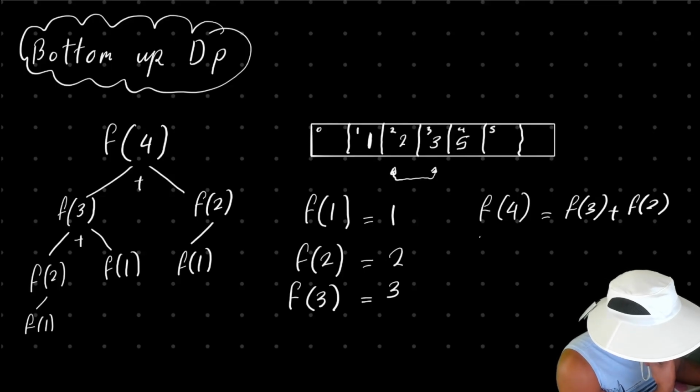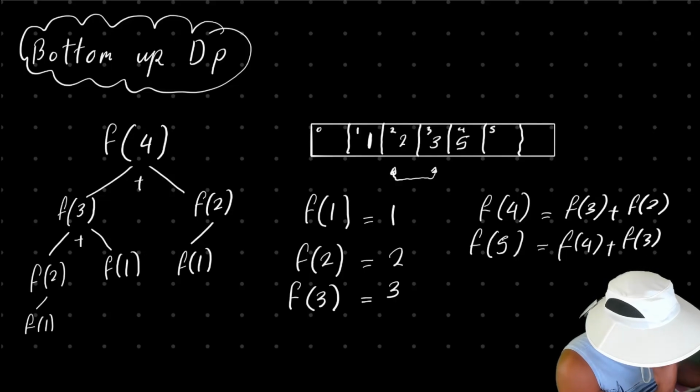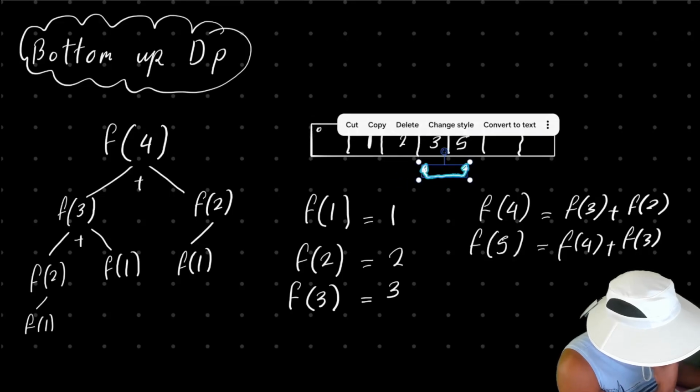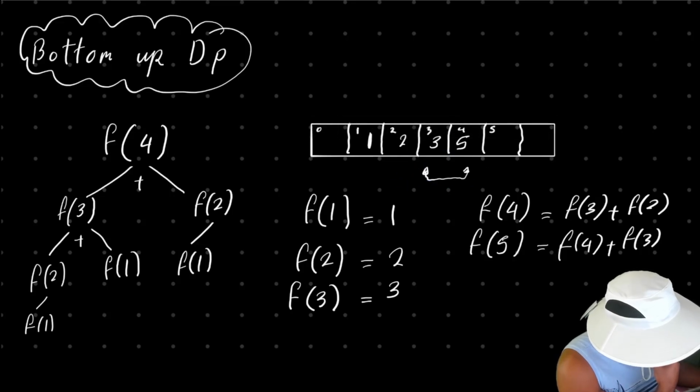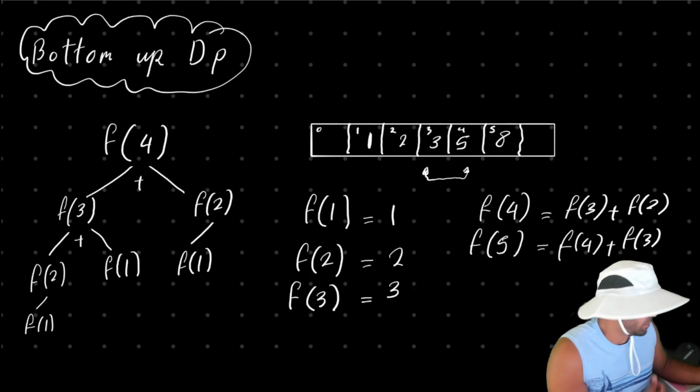What if I want to get f of 5? It will be f of 4 plus f of 3, so I shift to the right, just 2 pointers, add 3 plus 5 is 8, and so on and so forth.